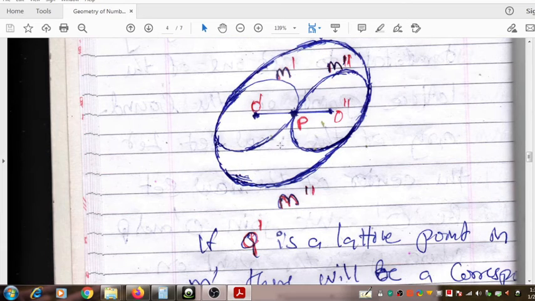It is because the translation is done based on the lattice point P, which is present on the boundary of the M set M prime.